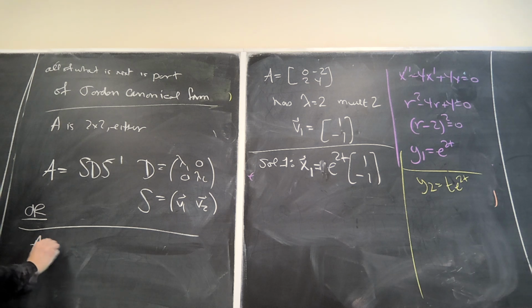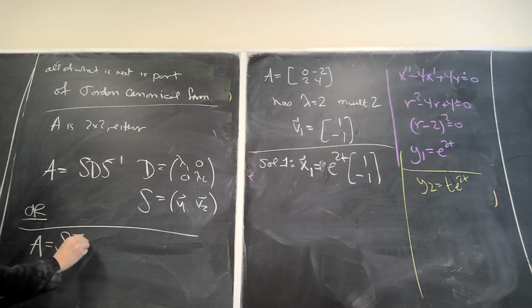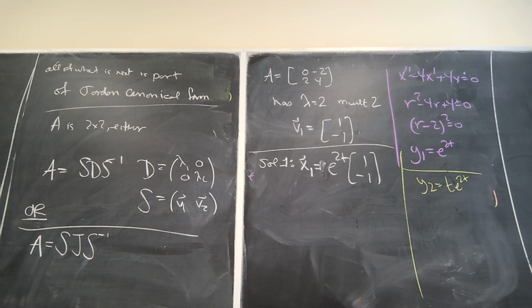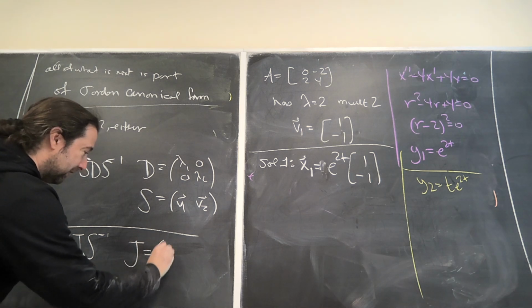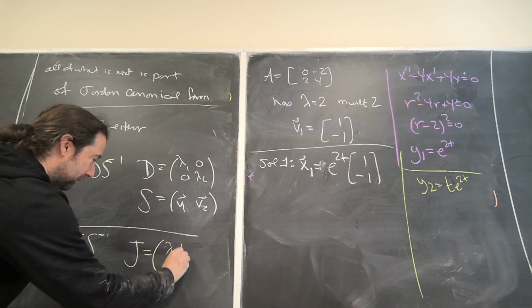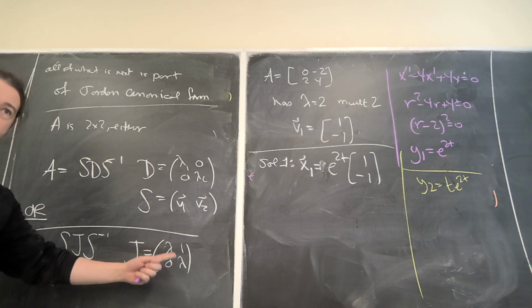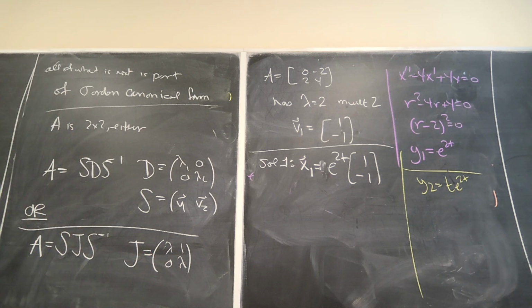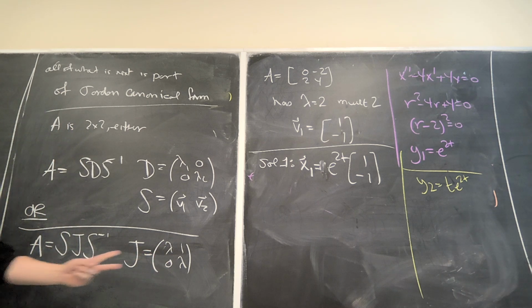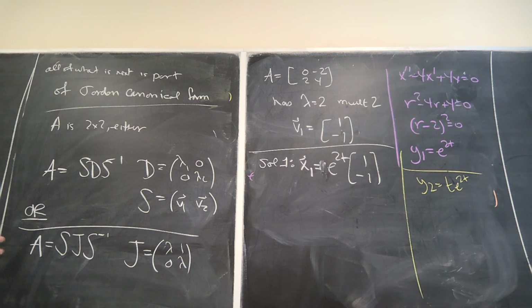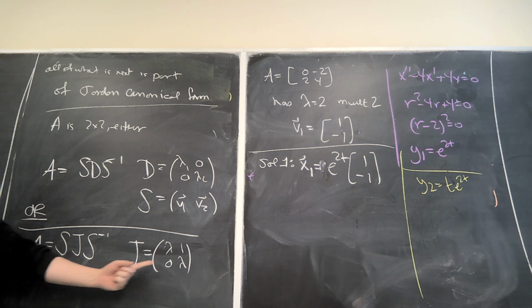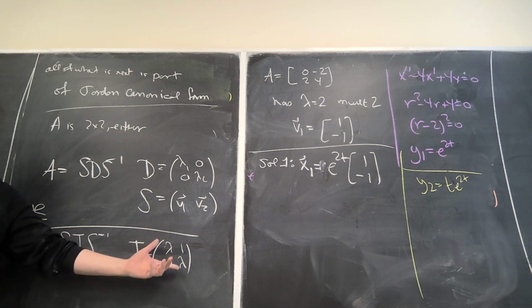Or A is equal to S J S inverse, where J, the middle matrix, looks like this: lambda, 1, 0, lambda, where lambda is the eigenvalue. You can only have a defective matrix if the eigenvalue repeats, right? So every defective matrix can be sort of fake diagonalized, because that matrix is not diagonal, but it's almost diagonal.